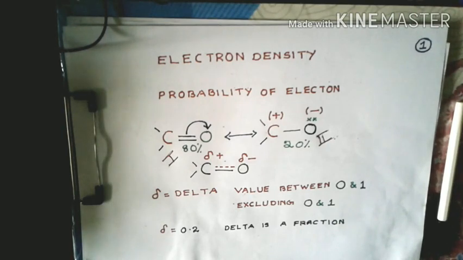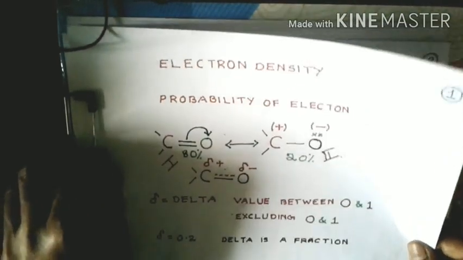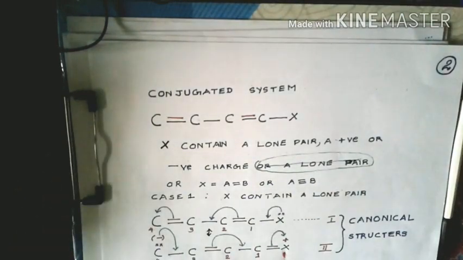But we can introduce the term electron density here, and we can say that the oxygen atom possesses a higher electron density. Now delta will have a value between 0 and 1, excluding 0 and 1, so that delta is always a fraction. Now coming on to the mesomeric effect.